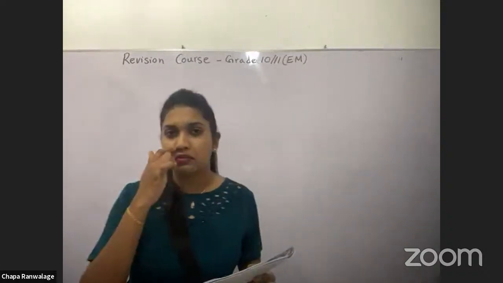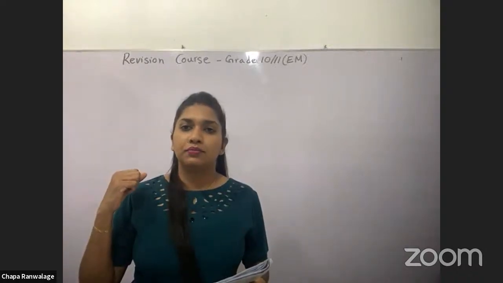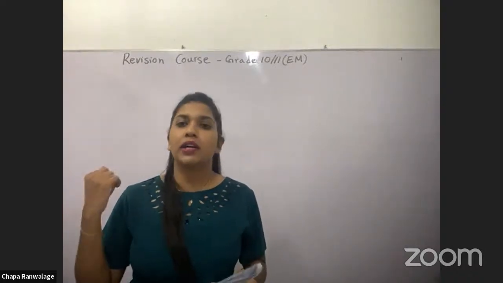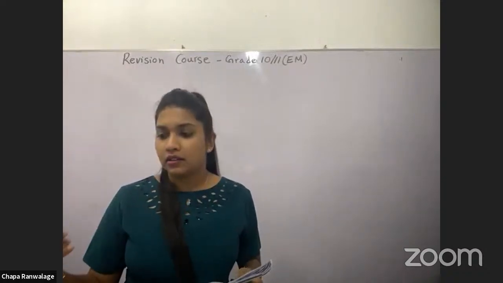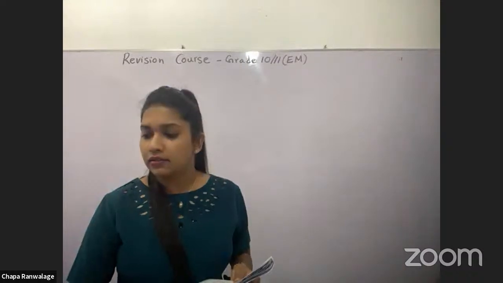In the last session, we discussed the properties of a parallelogram, square, rhombus, then rectangle. Can you remember? I told you to remember.